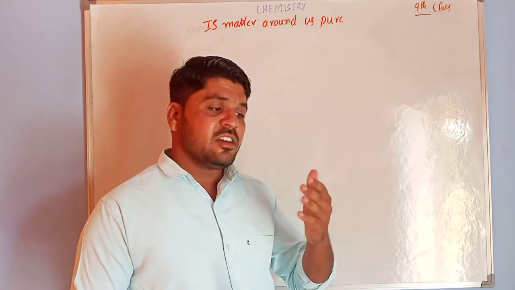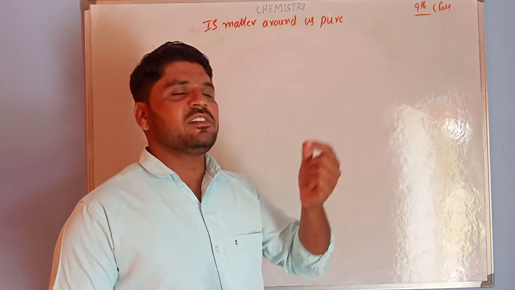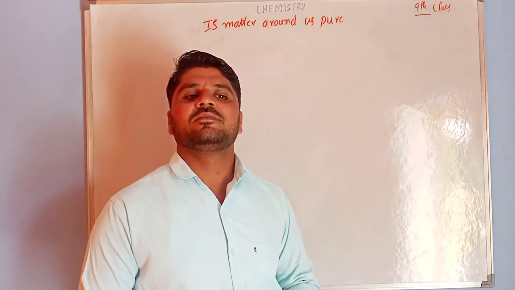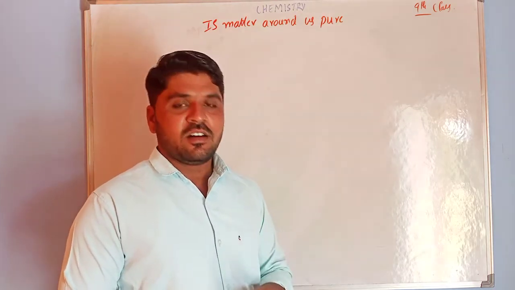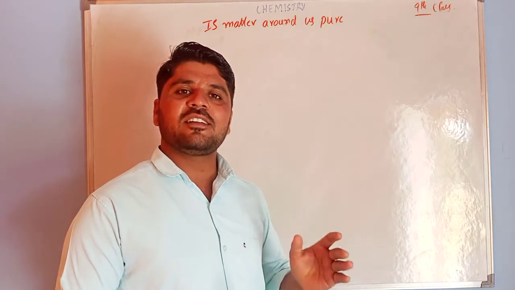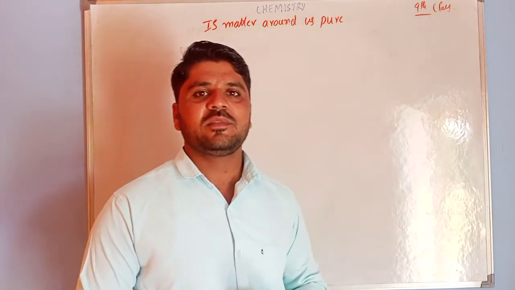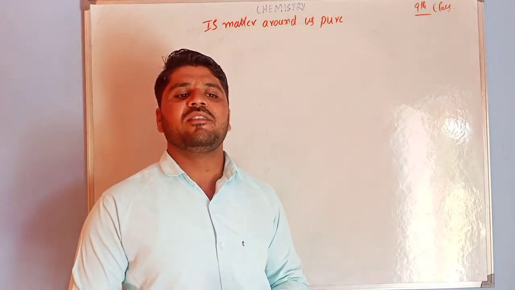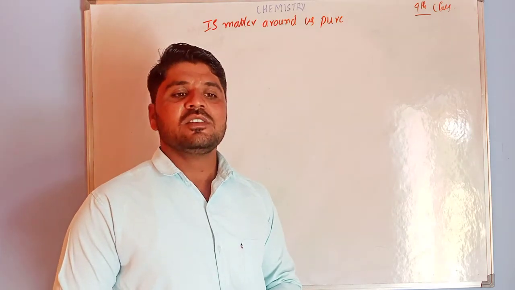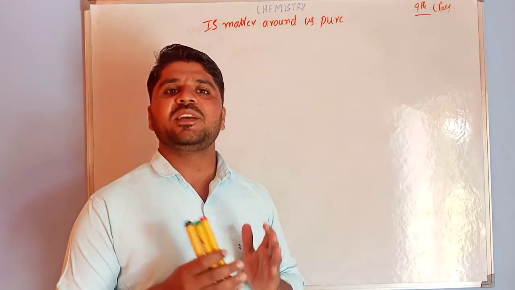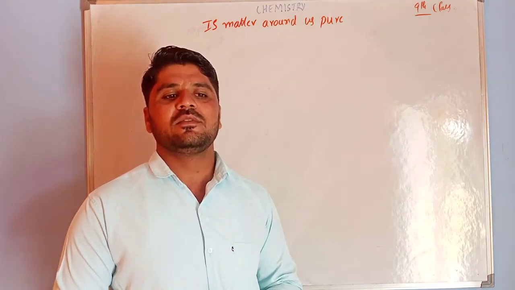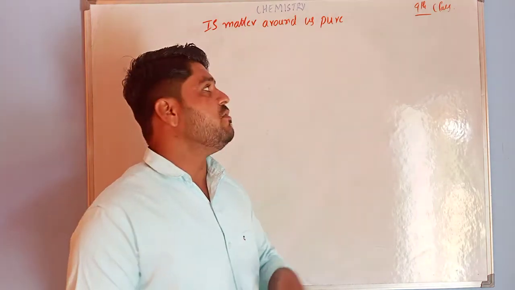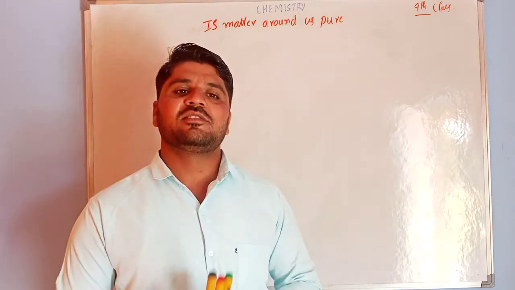We cannot see the particles with our naked eyes because of their small size. These solutions cannot scatter a beam of light, and solute particles cannot be separated by the filtration process. This is what we already studied in our previous class.